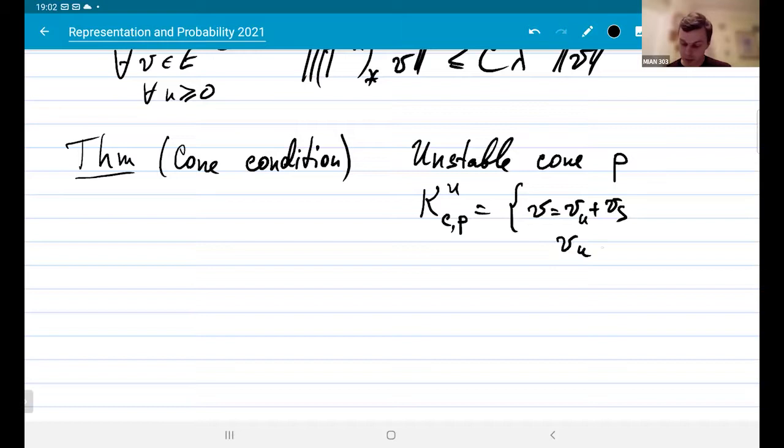So the absolute value of VU is larger than C times the absolute value of VS. So this is a cone. And the same for the stable cone.